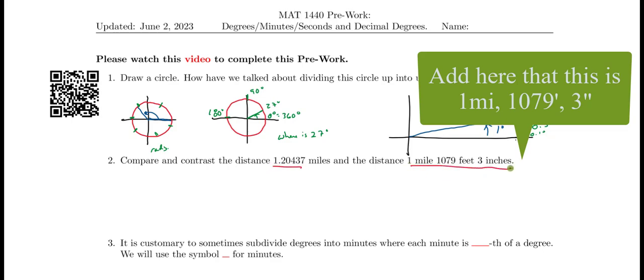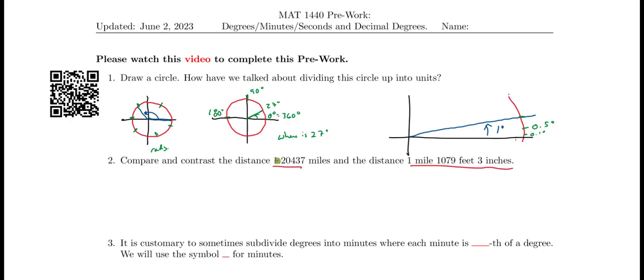Nobody feels very bothered by this, the fact that 1.2 miles is about 1 mile and then another 1,100 feet, that these two distances are the same. It's just that here we're dealing with fractions of a mile, or decimals of a mile, 1.20437.